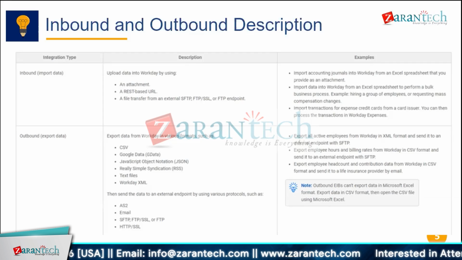In the case of outbound integration, as we have already discussed, let's say we have a vendor who is not capable of reading our system file or the web service. In that case, we just need to provide the CSV data, and there are multiple options.